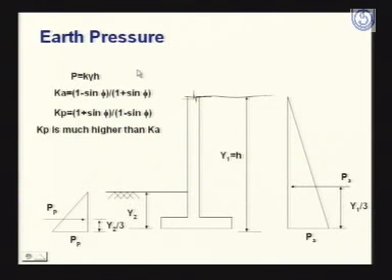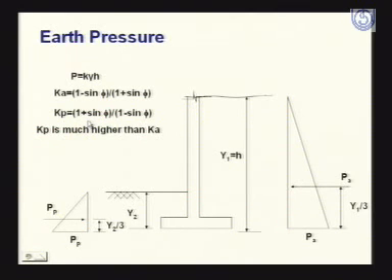So if you take a case of the cohesionless soil where phi is generally taken as 30 degrees, then if you put 30 degrees in place of phi, Ka is 1 minus sin 30 divided by 1 plus sin 30, whereas in case of Kp, this will become 1 plus sin 30 divided by 1 minus sin 30.